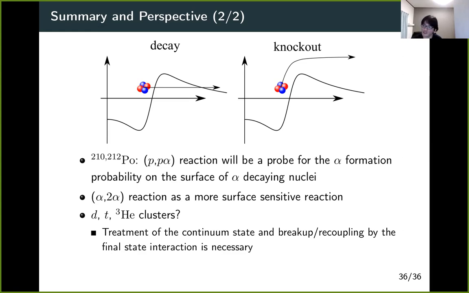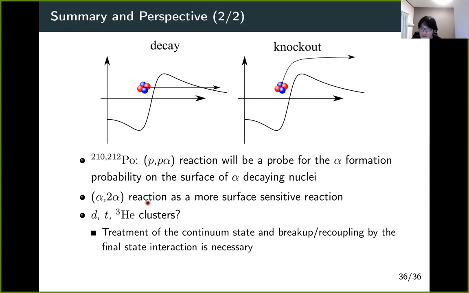And by doing this, and maybe by changing the incident energy or the alpha emission energies, maybe we can somehow handle the peripherality of the reaction, and we can tune the region we see in the reactions.